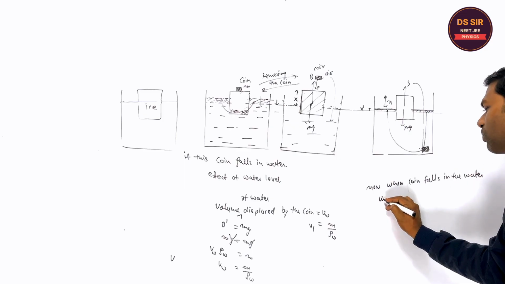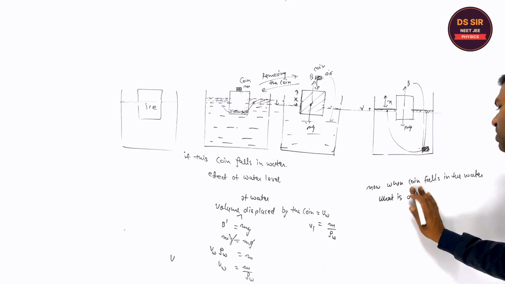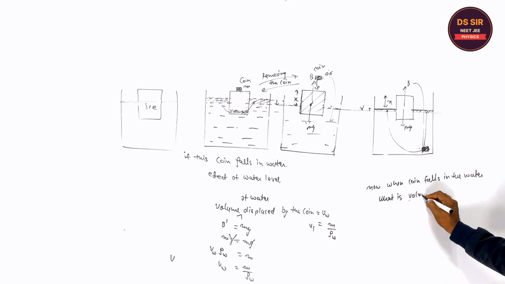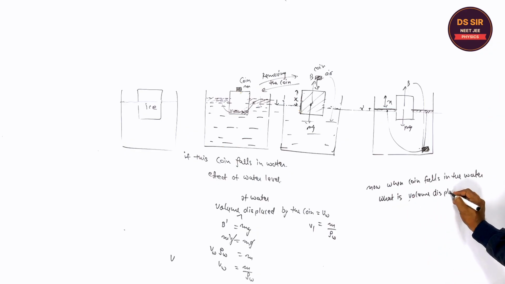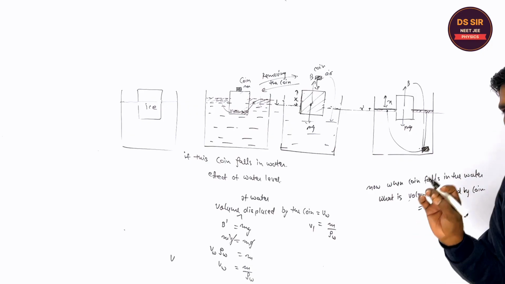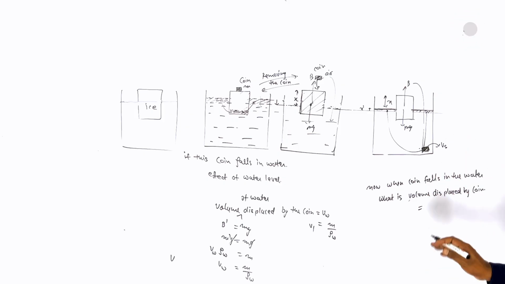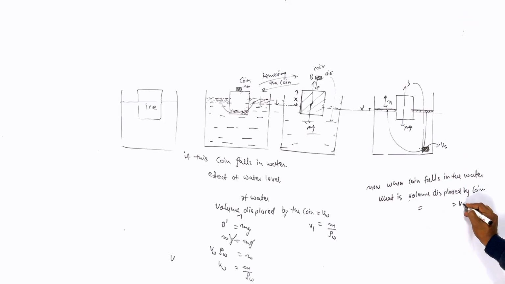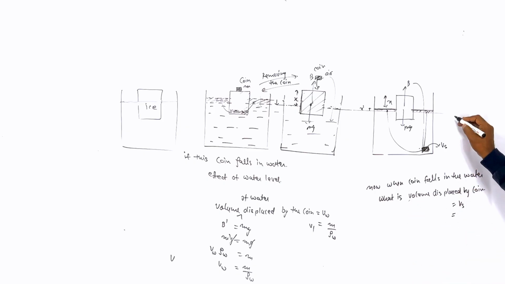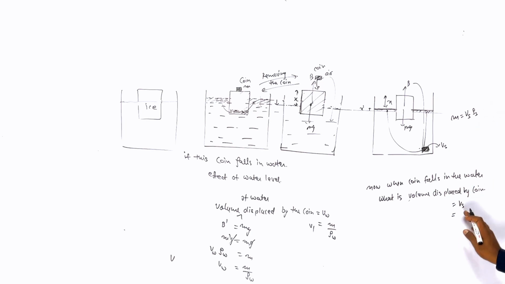The volume displaced by the coin is the same as the volume of the solid itself. If the mass is m, what is the volume of the solid? Mass upon density of the solid.